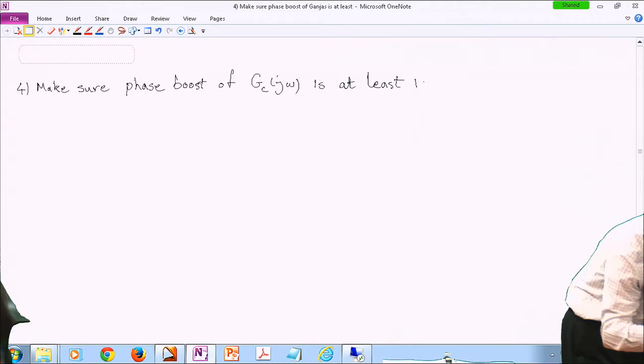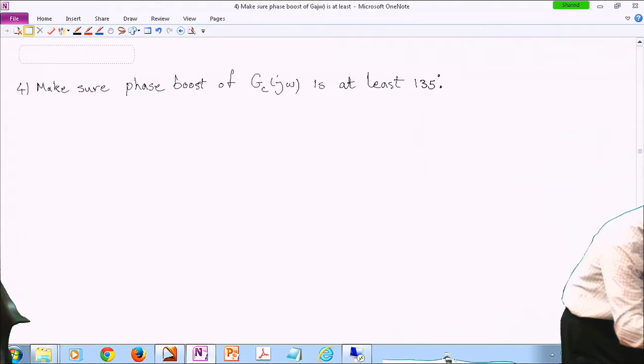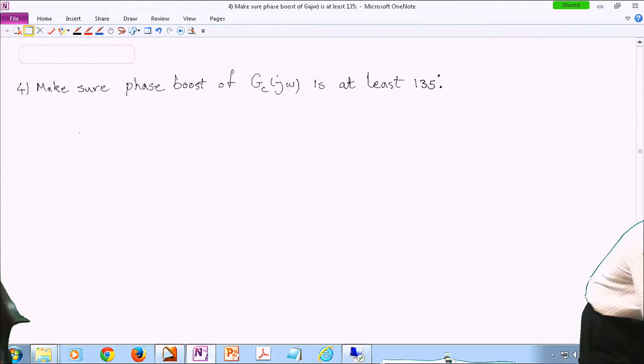Let's do 135 degrees. So what do I mean by that? I'm going to draw it and show it to you, but in general, our poles should be like 10 times larger than our zeros.